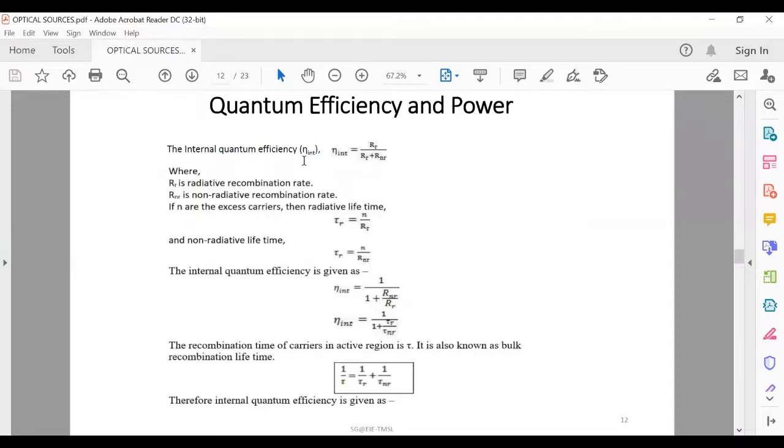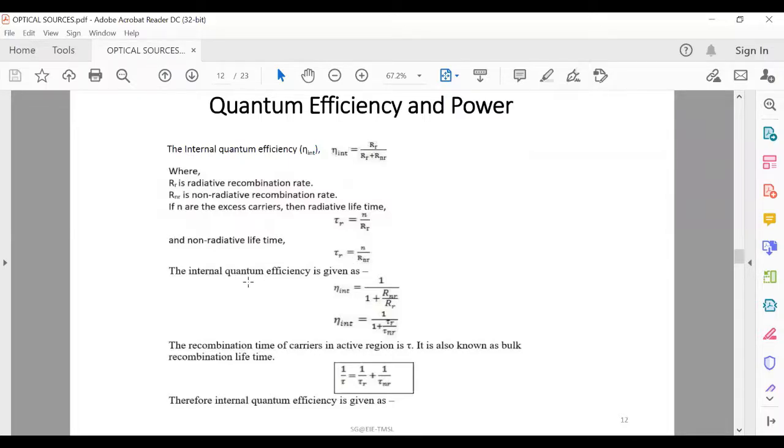Now if n is the excess carriers, then the radiative lifetime tau r is equivalent to n by R r, and the non-radiative lifetime tau nr is equivalent to n by R nr.